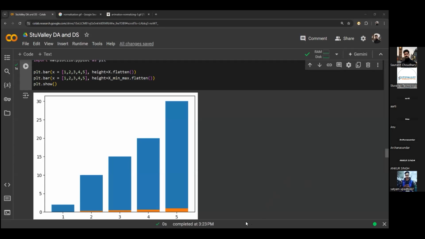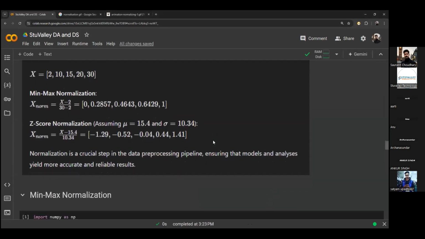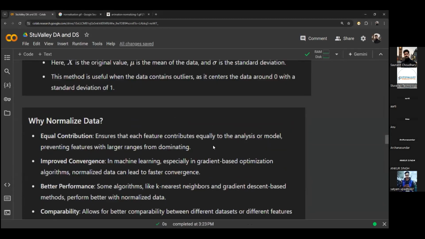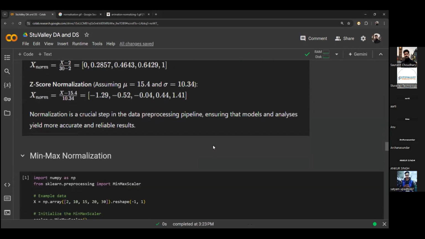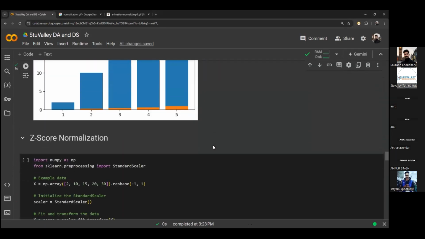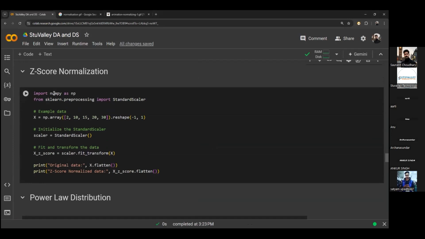Okay, fine. So this is how we did it. Now the rest, with the help of Z-score. With Z-score also we have some, you can see numpy as np, and you can call and import StandardScaler. Your data is here.